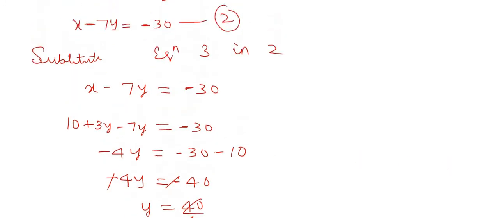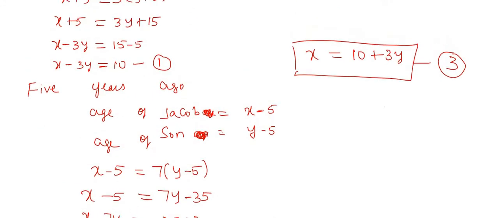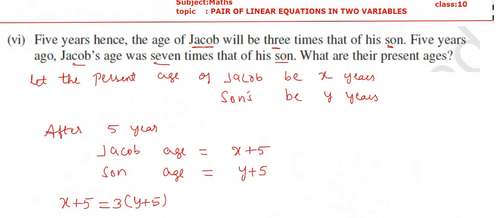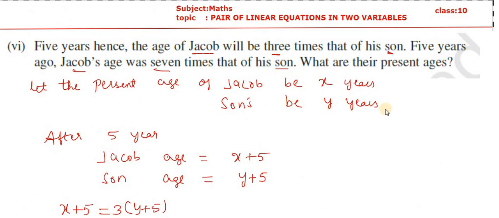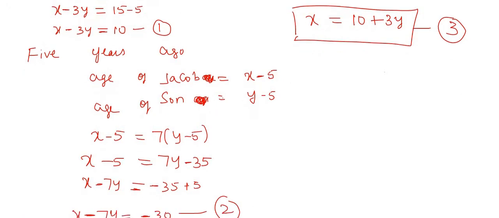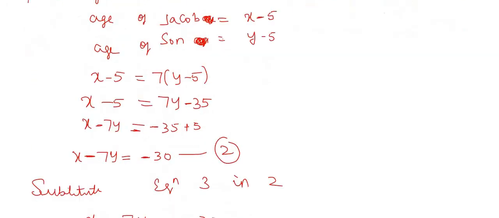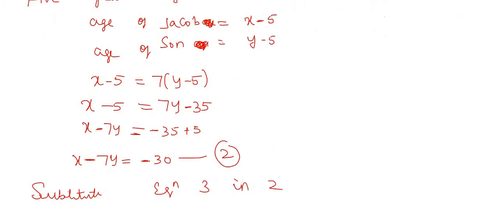So we got the son's age. At the beginning we wrote the present age of the son is 10 years. And what is Jacob's age? You can substitute the y value in equation 1, 2, or 3. I'll substitute in equation 3.